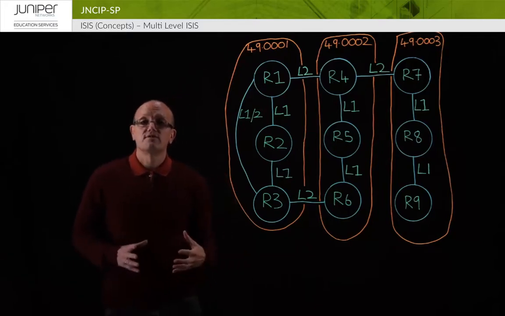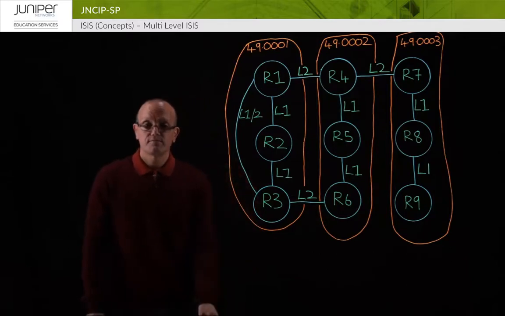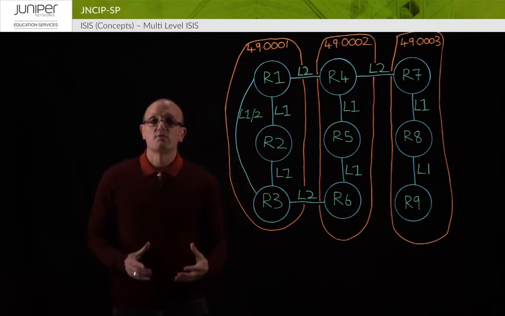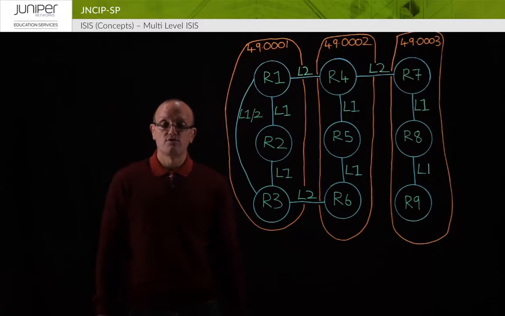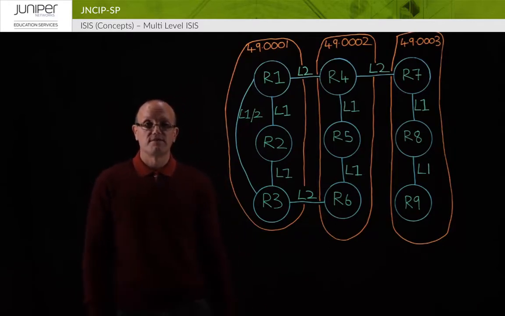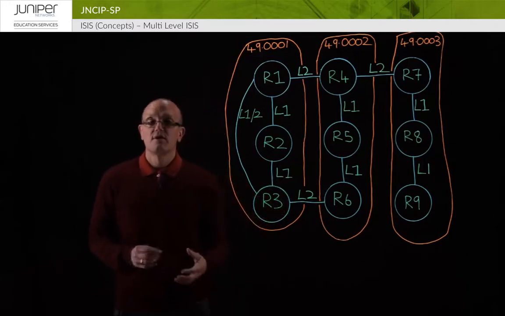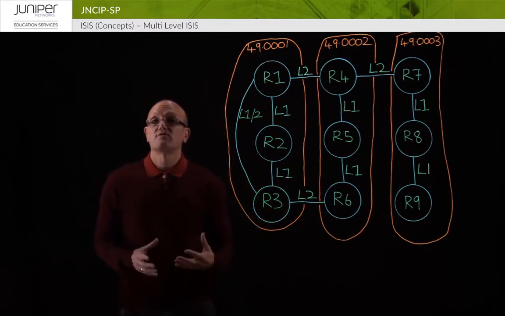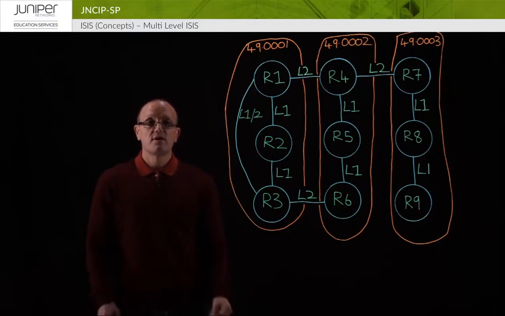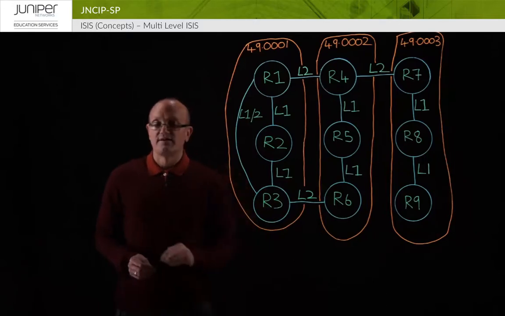One final thing to note about ISIS is that we've talked about this attached bit. And there's also another bit within ISIS link state PDUs that can affect routing, and this is the overload bit. If we wanted to remove a particular router from the network because we were just about to execute planned maintenance, we can set the overload bit on that device.